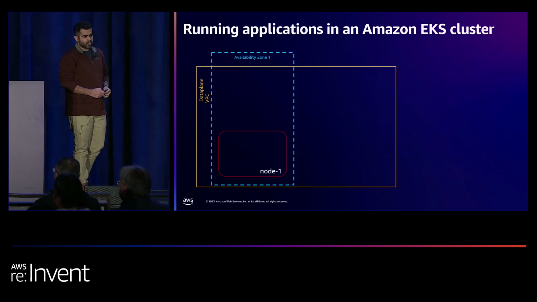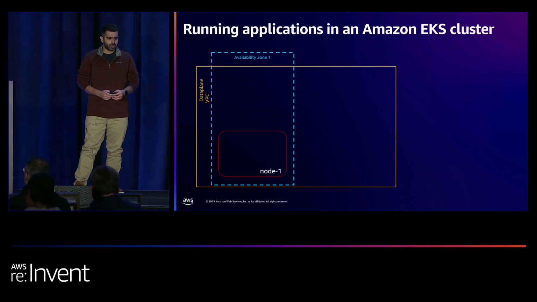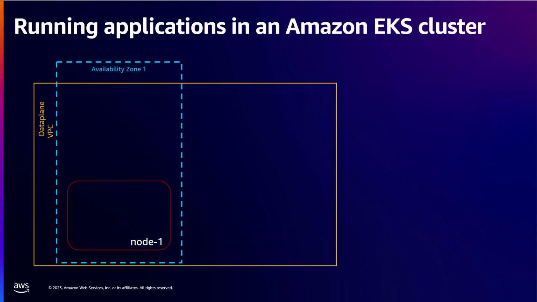Let's start with a scenario. You're starting to take digital orders for your coffee shop and need to deploy an application that can take these coffee orders. For this, you have created an EKS cluster, added a node to this cluster, and now you deploy your application, which is running on this node 1 in the availability zone 1. Considering this pod is running your critical business application, is deployed in this availability zone 1 and is now serving your customers.